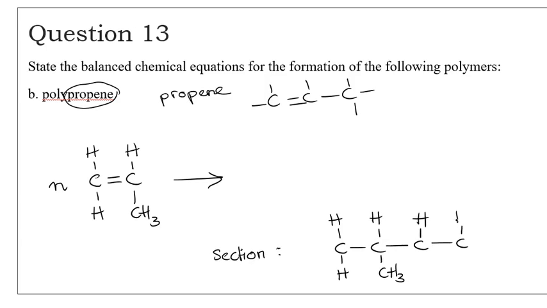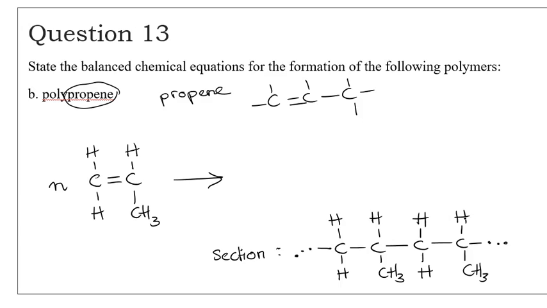monomer. You don't need to be too concerned with the location of the CH3, because in reality there are multiple ways that you can form polypropene. You can control it so that the CH3 groups are on the same side, or on alternate sides, or random. So you really don't need to have a very specific order.